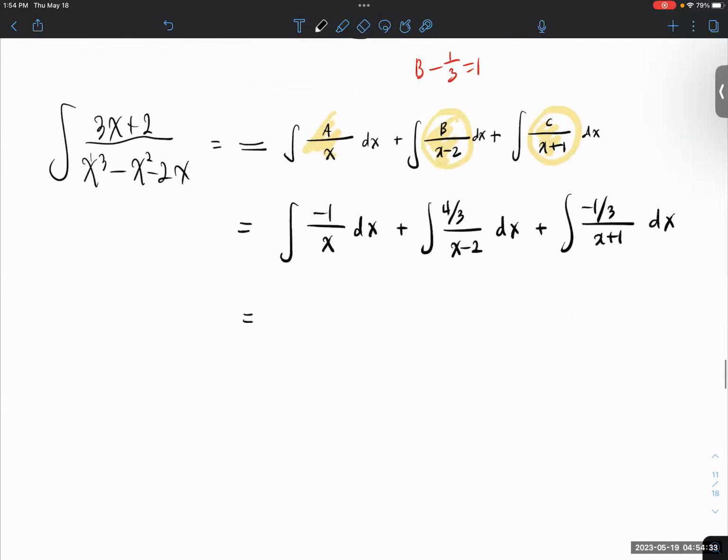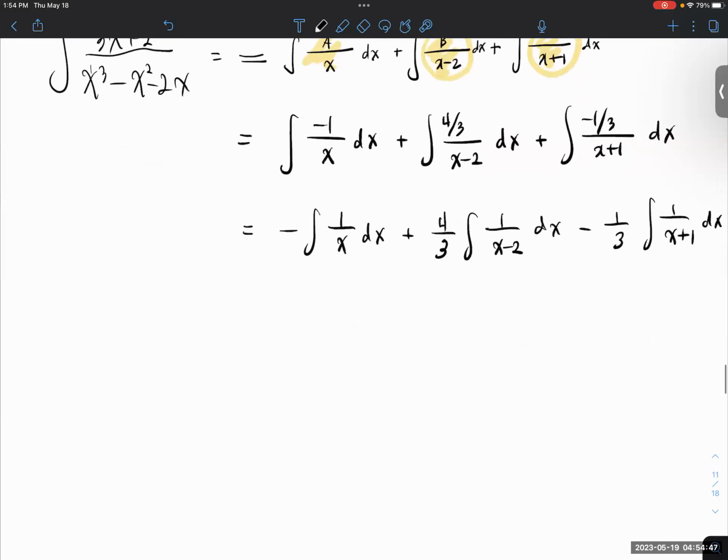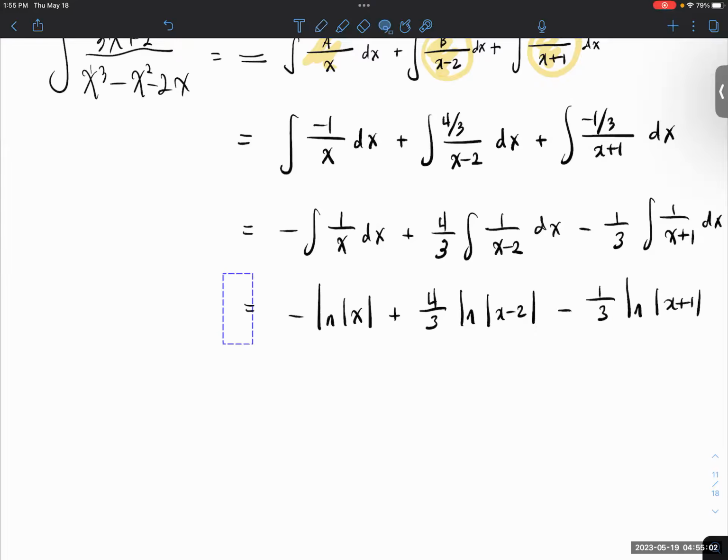We can bring out the numbers: 4/3 times 1/(x minus 2), minus 1/3 times 1/(x plus 1) dx. So we got it. This is -ln x, plus 4/3 ln (x minus 2), minus 1/3 ln (x plus 1), plus a C at the end.